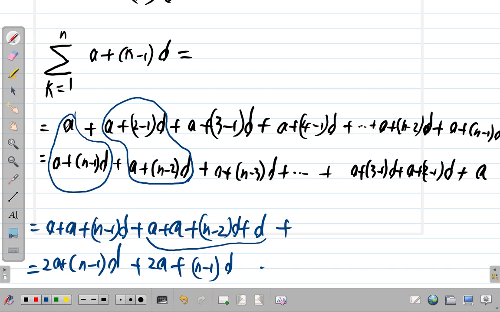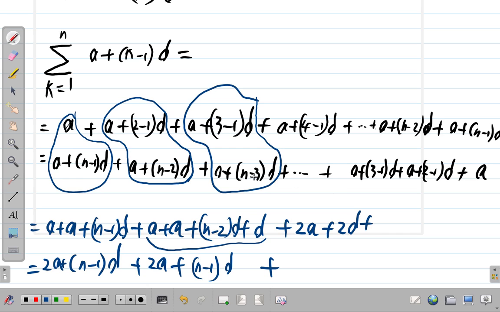Plus now, we're going to be adding these. This part would be A plus A. Let's just put it as 2A plus 3 minus 1D is 2D. 2D plus n minus 3D.